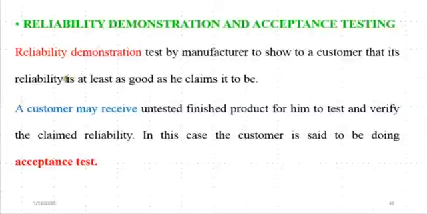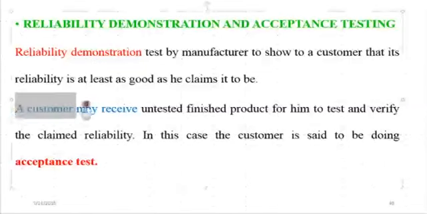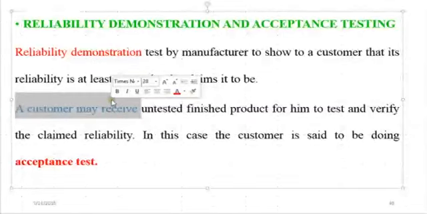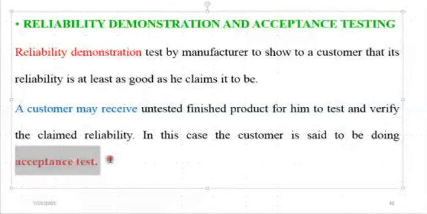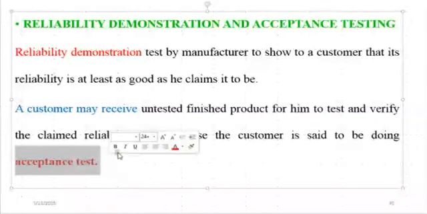And in a situation where the manufacturer did not carry out this reliability demonstration, the customer will take untested products to his place and carry out the test himself. If he does that, we call it an acceptance test. Meaning, if they pass his test, he is going to accept the component, but if they fail, he will return it to the manufacturer.